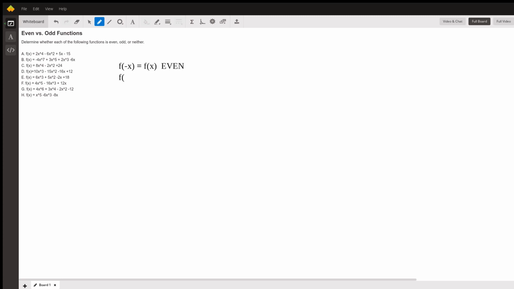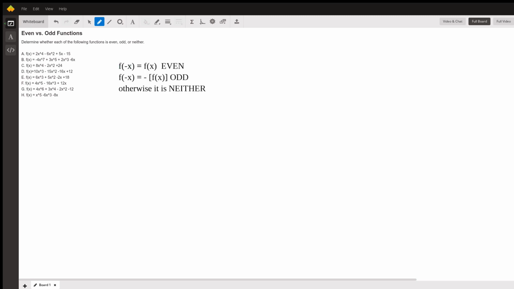Or take your original function and plug in negative x. And if you get the negative of the whole thing, then you found an odd function. And if neither one of these is true, otherwise it is neither.